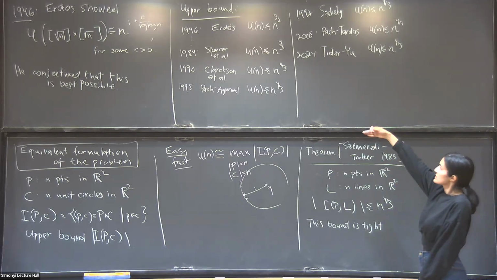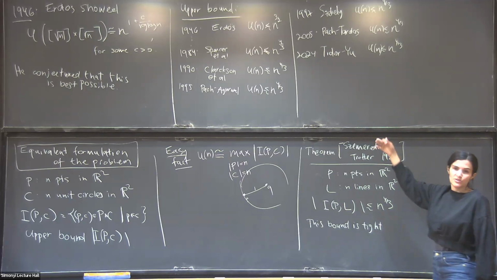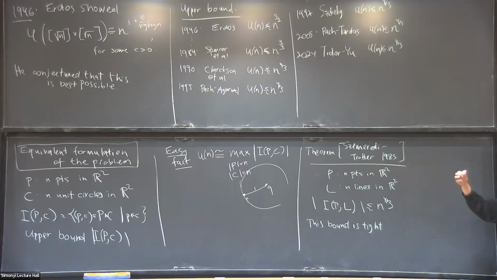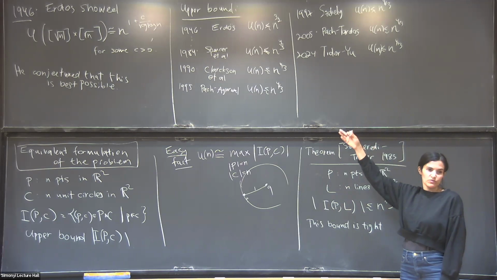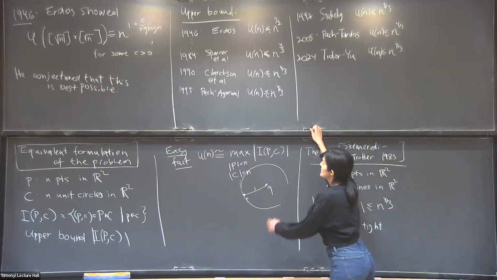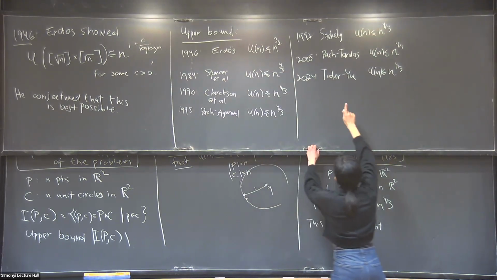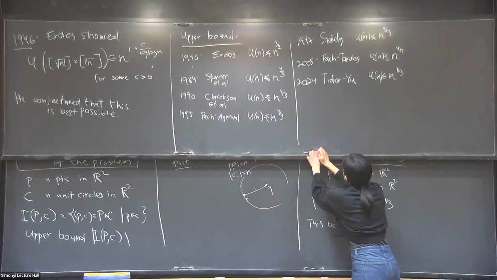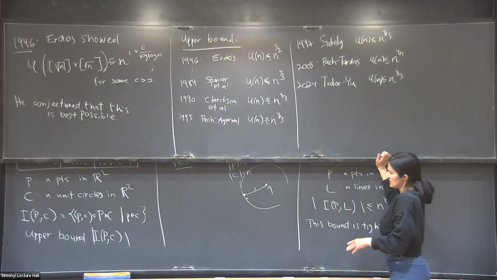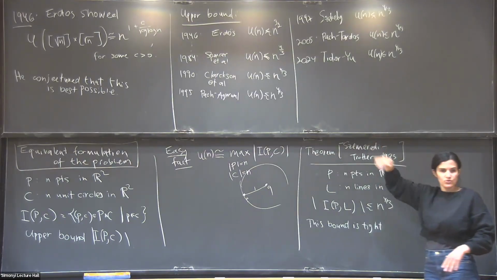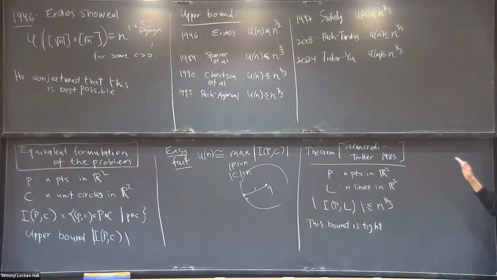The issue with all of these techniques is that they apply also to the point-line incidence problem. If they apply also to the point-line incidence problem, we will not be able to improve the n to the power 4/3, except for the Pach–Tardos one, which does not apply to the point-line incidence problem, but does apply to another incidence problem where the n to the power 4/3 is tight.